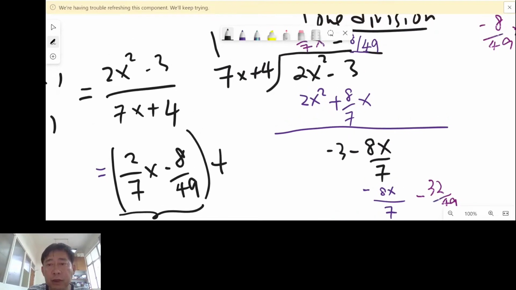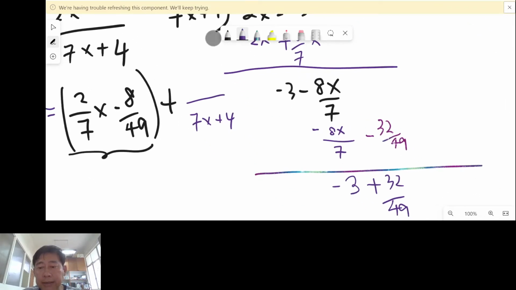The residual function is nothing but just this function in the denominator plus whatever is left at the end. Okay, so this would appear as the value of 32 over 49 minus 3.